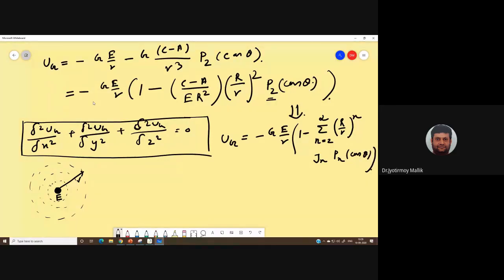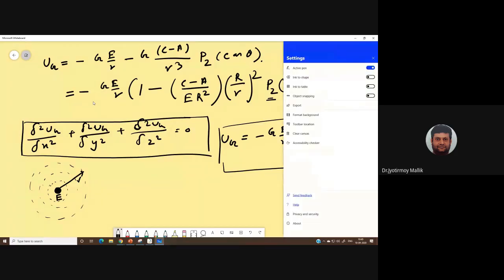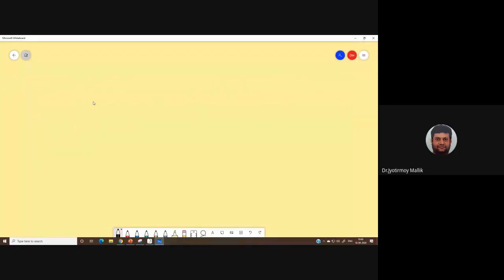And I will now explain this particular equation physically. What does it mean? To do that, I'll just remove this part and write this equation down and then explain it physically. Let's write that down.